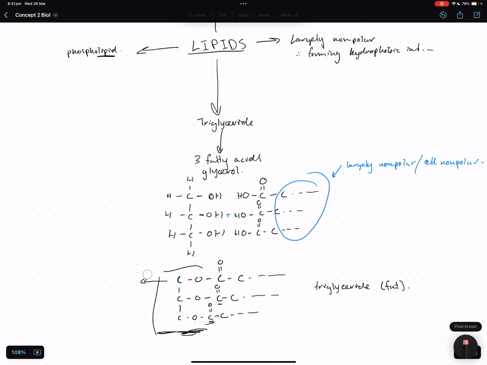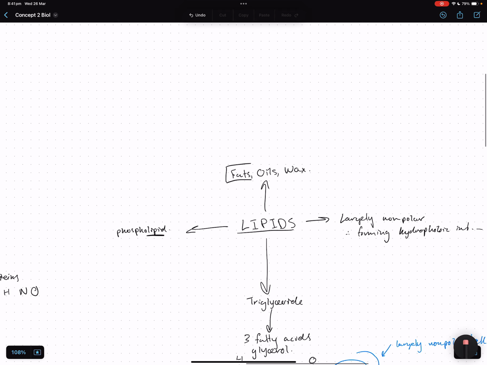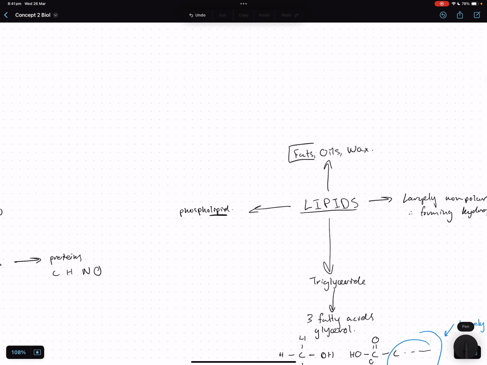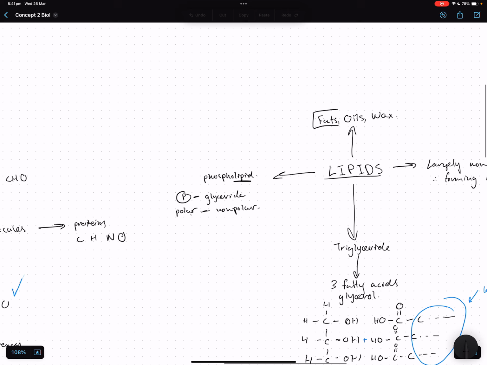There are still these fatty acids, and phosphate is a very polar sort of thing. So you've joined the phosphate group up to the glyceride, and you have the very polar and the very non-polar. There are two components, a polar and a non-polar component.